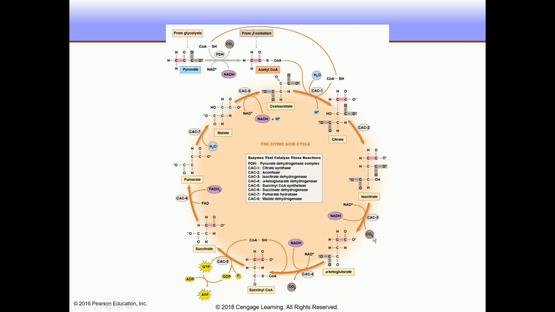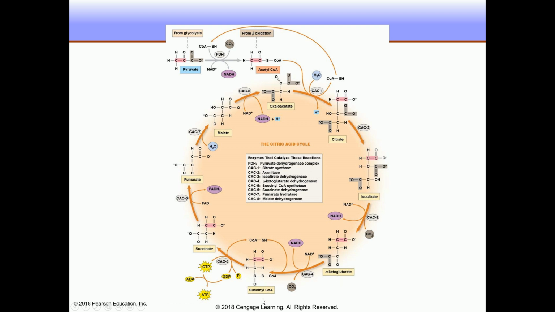Isocitrate has 6 carbons, so when it loses one carbon as carbon dioxide, it is converted into alpha ketoglutarate, which has 5 carbons. Another important thing taking place here is that isocitrate is getting oxidized, which means it is losing electrons. Those electrons are accepted by the electron carrier NAD plus, and NAD plus is reduced into NADH by the enzyme called isocitrate dehydrogenase.